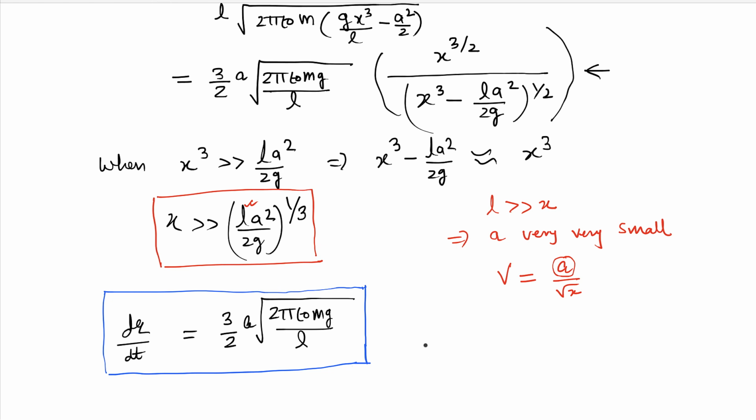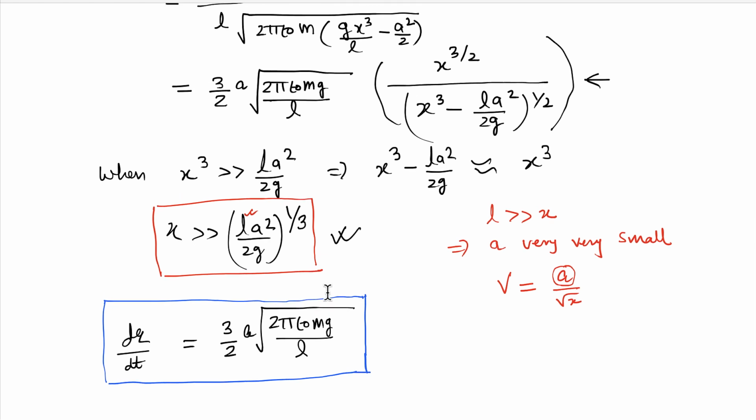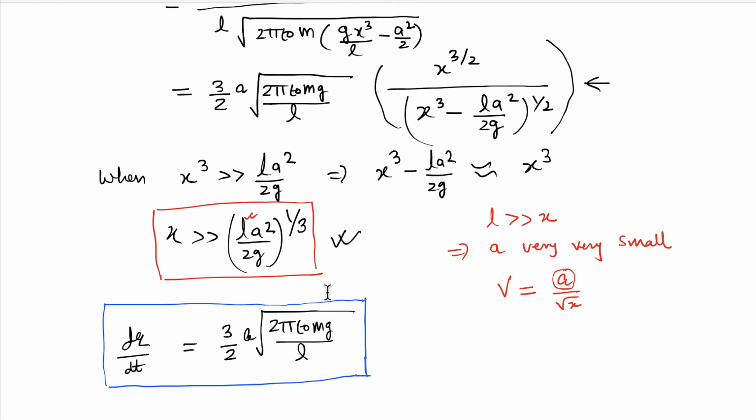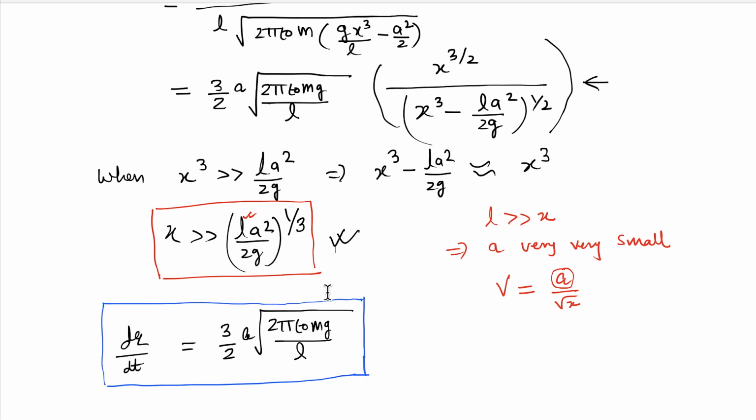But that is only true when we have this satisfied. Otherwise, the equilibrium approach is wrong. If a is not small enough, then we won't get the right equation of dq by dt using the equilibrium approach, because there would be enough velocity and enough acceleration there.